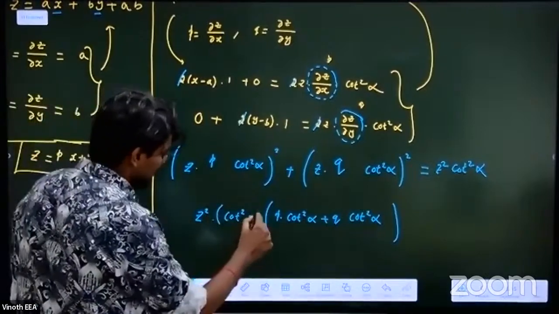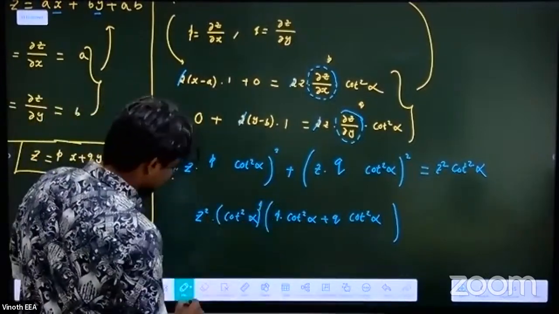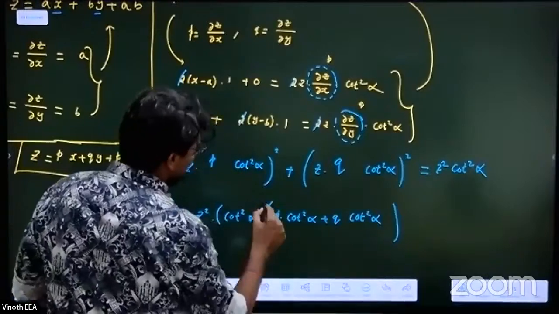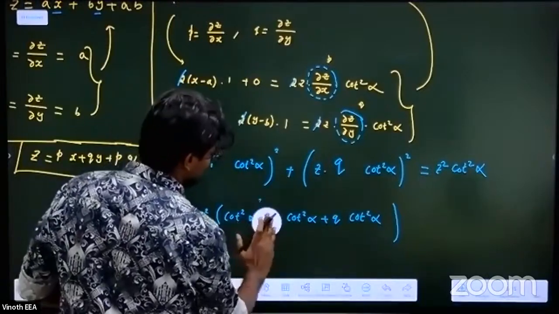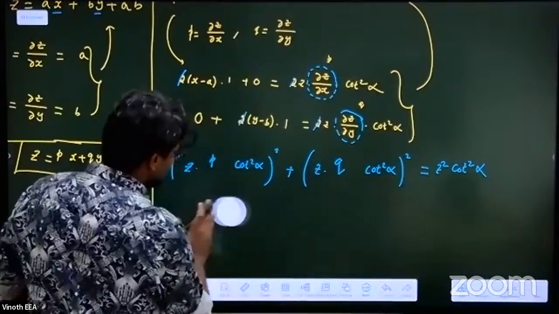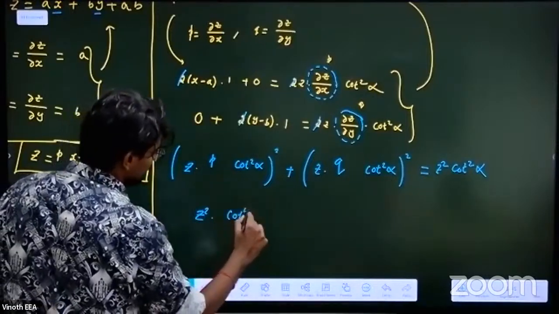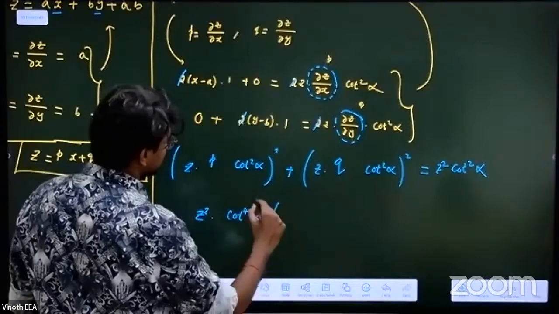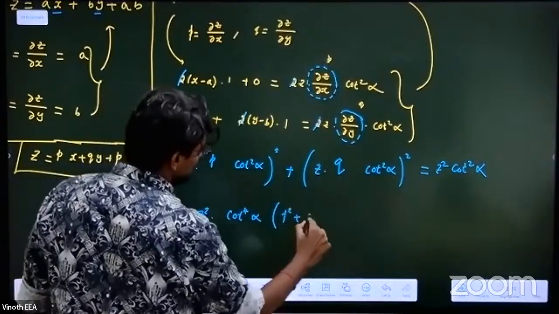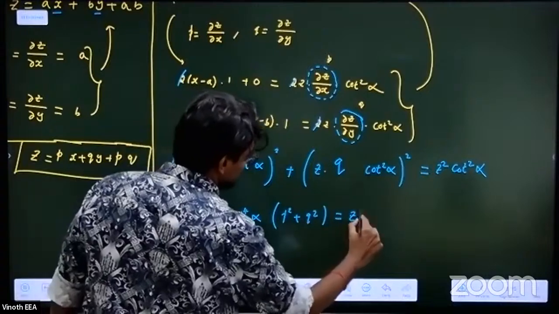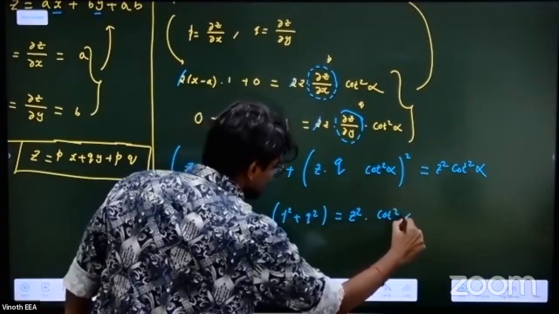Okay, put it in the power. See, you can just substitute it, there is no issue. I had kept one cot square inside, no problem. So z square into cot power 4 alpha into p square plus q square, which is equal to z square into cot square alpha.